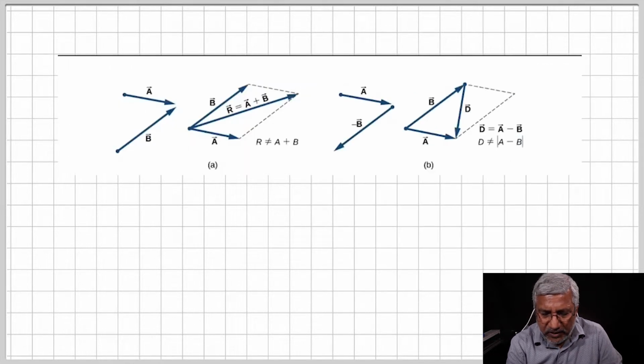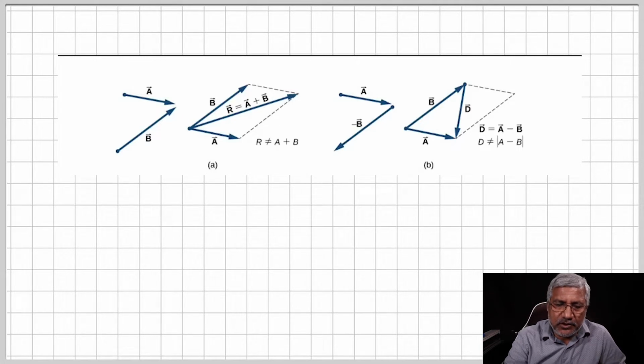So moving forward, how do we find the resultant of two vectors? The word resultant comes from the word result, which means sum of the two vectors. How do you add two vectors? So you see the vectors A and B as given in the diagram.